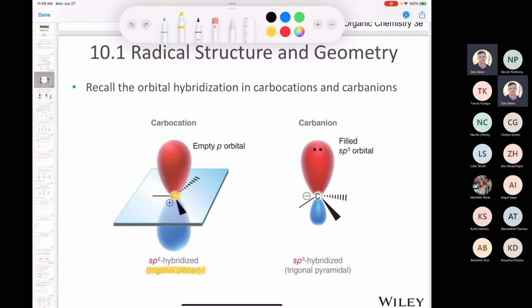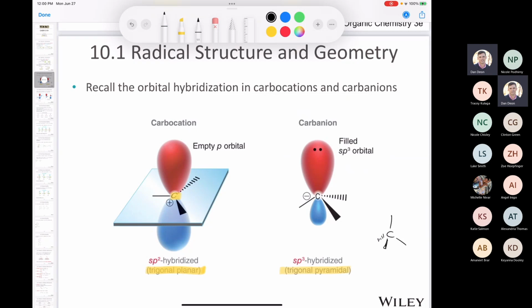However, when you have a carbanion, we know that the molecular geometry is trigonal pyramidal. Why would that be? Because you have a pair of electrons in the fourth orbital here, which is an sp3 hybrid orbital. So you have 4 sp3 hybrid orbitals. Like let's say you have methane. You've got 1, 2, 3, 4 bonds to it.